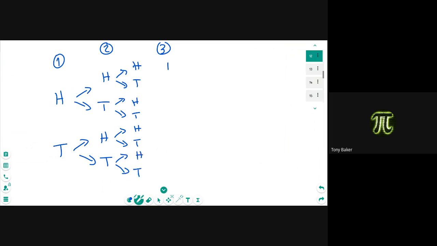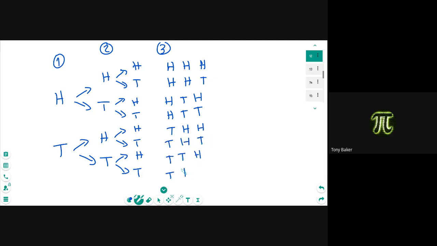So I have heads, heads, heads, heads, heads, tails, heads, tails, heads, heads, tails, tails, tails, heads, heads, tails, heads, tails, tails, tails, heads, and tails, tails, tails.